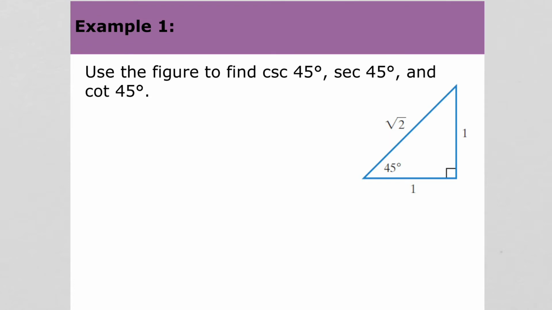So in example 1, it says, use this figure to find the cosecant of 45, the secant of 45, and the cotangent of 45. So cosecant is the hypotenuse over the opposite.